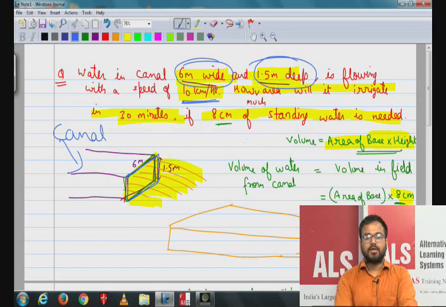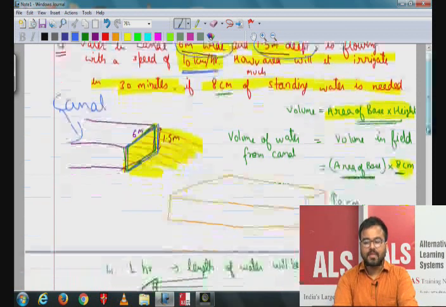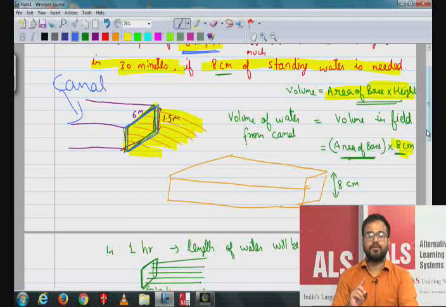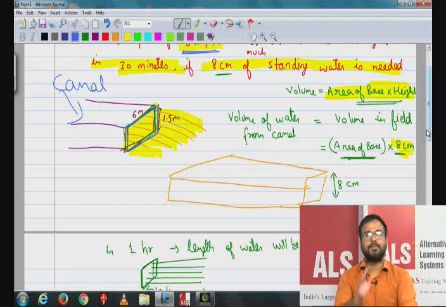Now we have to figure out how much area it will irrigate in 30 minutes if 8 centimeter of standing water is required. The only thing you have to take care of is that the volume of water coming out of the canal will be equal to the volume of water in the field.